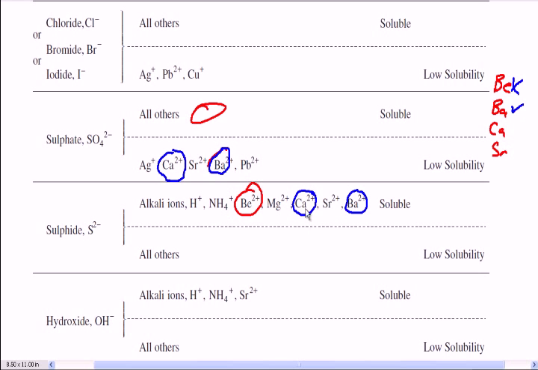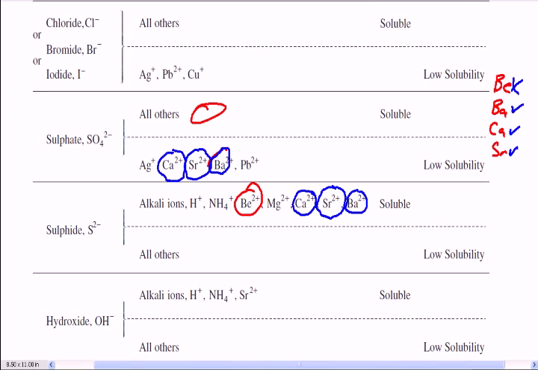So calcium could be used. And strontium. Strontium is low solubility right here, and right here it has high solubility, or it's soluble. Okay, so this one could be used. The question was kind of weirdly worded: which one could not be used to separate these two? Beryllium looks like it is the one that could not be used because it is soluble with both of these.